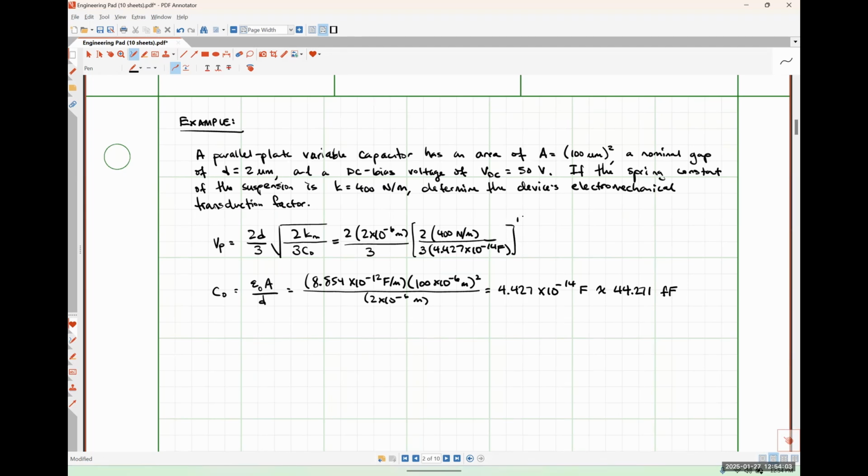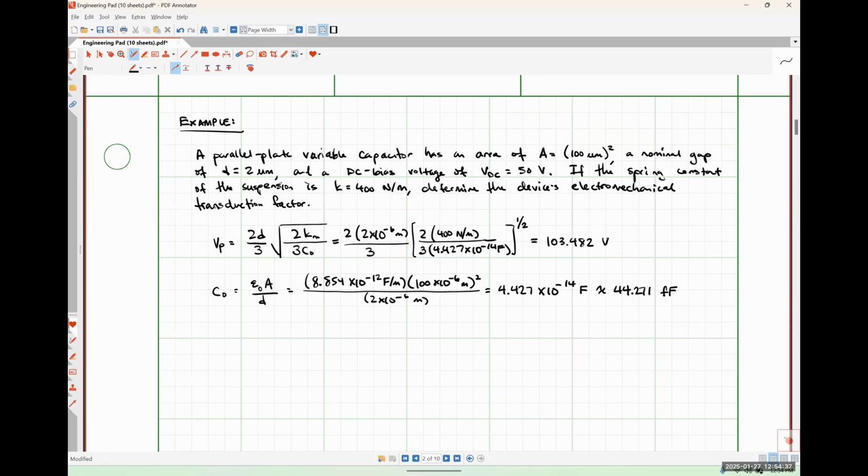And I'm going to square root that thing. And once again, MathCAD gave me a result of 103.482 volts. So just as our sanity check, our DC bias voltage of 50 volts is significantly less than our pull-in voltage. So we shouldn't be worrying about any effects of pull-in in this particular case, right?